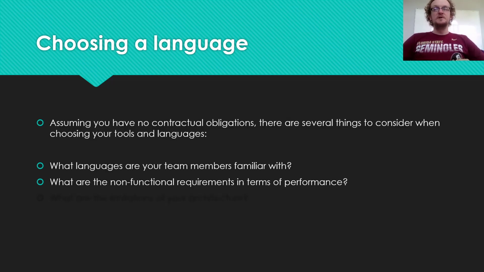If you're trying to build a really performant application and you choose a language like Python, it's going to be very hard for you to have the highest performance simply because the language is not compiled.